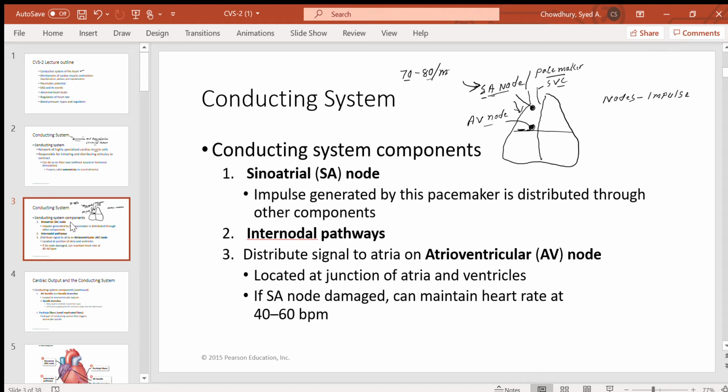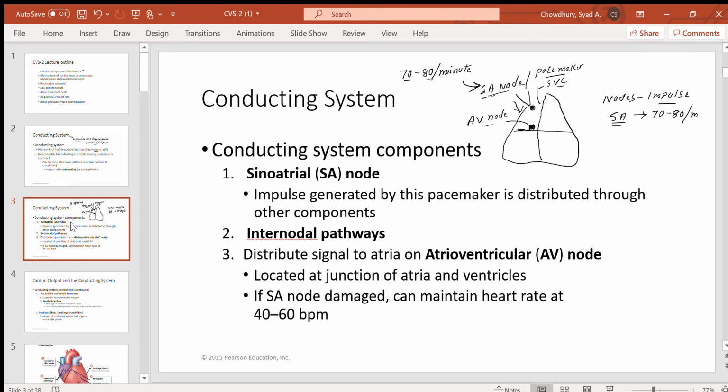So this is controlled by the SA node. The SA node produces impulses at 70 to 80 times per minute, and that is your heart rate. That's why the SA node is called the pacemaker.